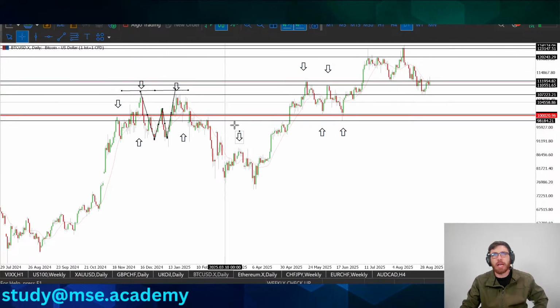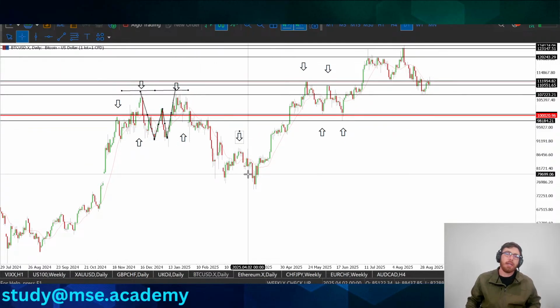And again, just like you saw, the sellers stepping in, because why? It's $100,000. It's a whole number of resistance levels. So the market is looking at it saying, there's no way that we're going to have Bitcoin moving above $100,000. And the sellers stepped in and really put a lot of downward pressure on that Bitcoin price.